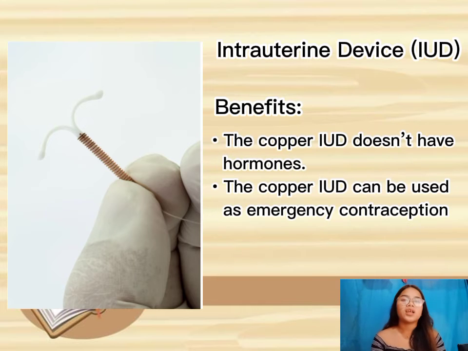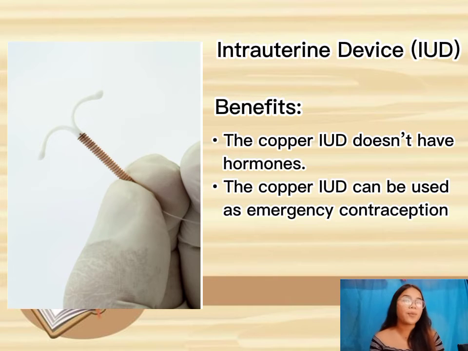The fifth one is the copper IUD doesn't have hormones. Some people prefer non-hormonal birth control or can't use methods with hormones because of medical problems. Luckily, the Paragard Copper IUD is super effective at preventing pregnancy and totally hormone-free.